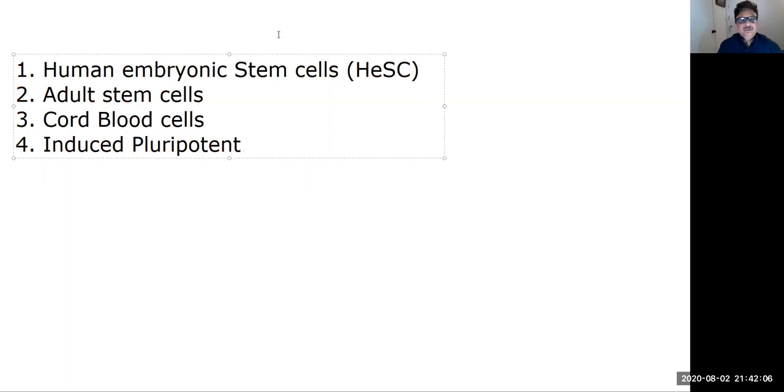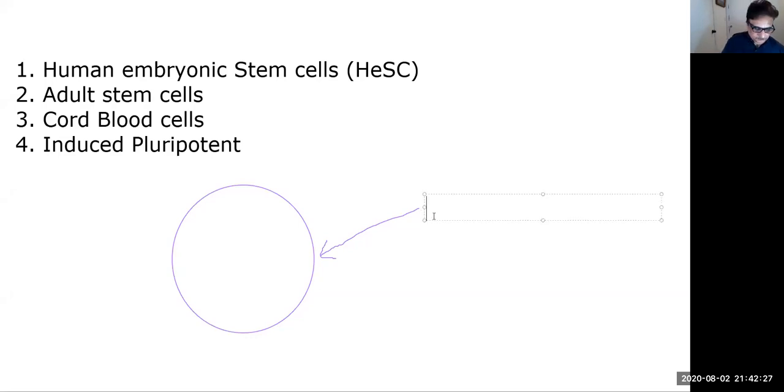After 5 days of growth, the human embryo takes a shape, and this shape is called a blastocyst. Okay?